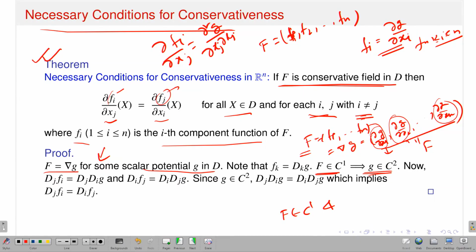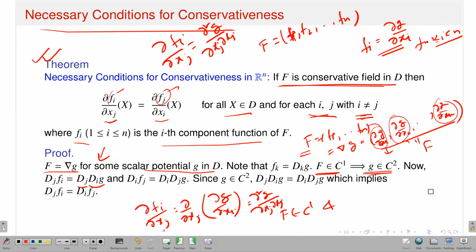Or you can write it this way, which I think is better: del Fi del xj is del del xj of del g del xi. This is the notation del 2g del xj del xi. That means first you perform the derivative with respect to the ith variable and then the jth variable.